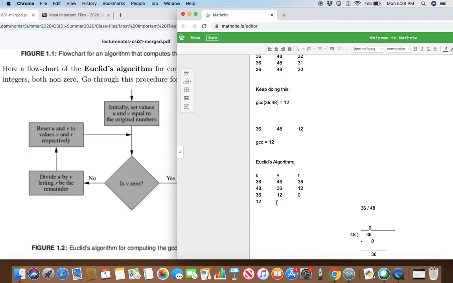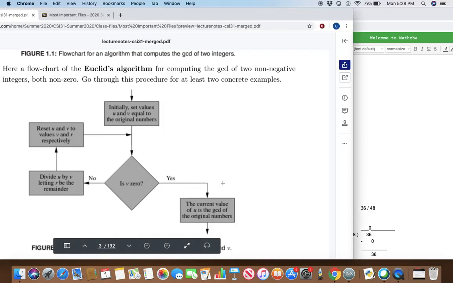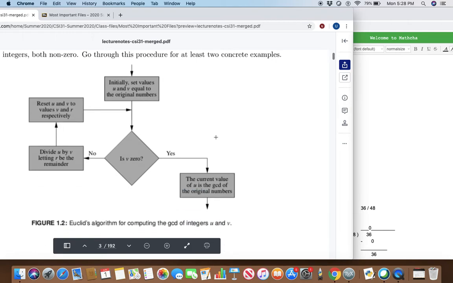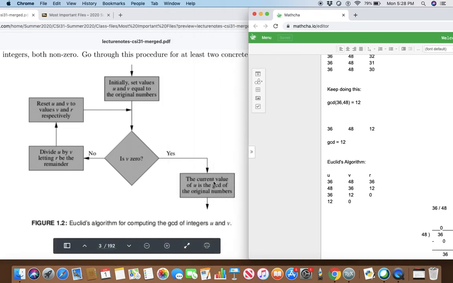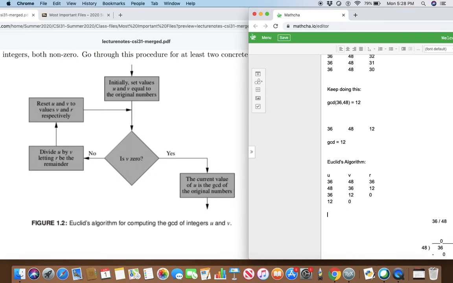My new v is the old r. You go there and come back here. Is v 0? Oh yes, fantastic. V is 0. If it's 0, the current value of u is the GCD. All right, so v is 0. So the current value of u, that is 12, is the GCD.